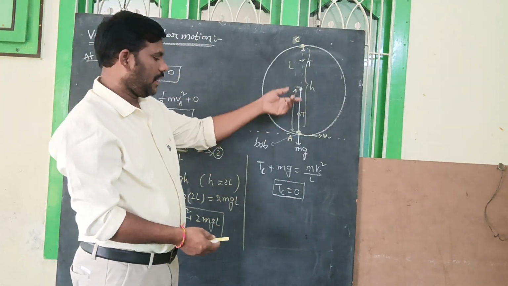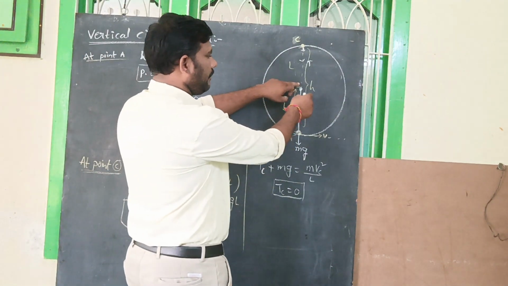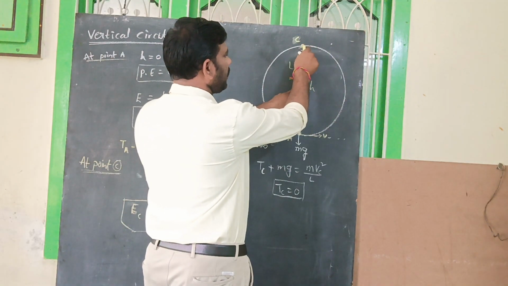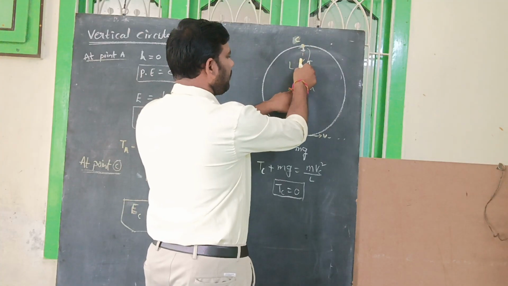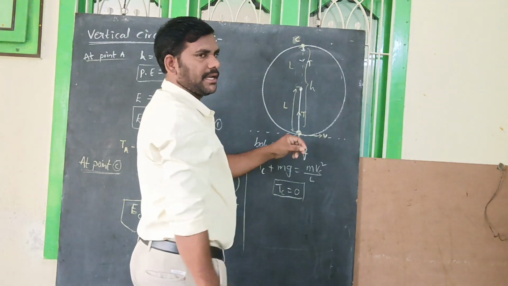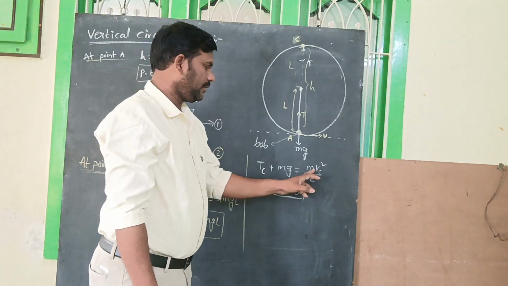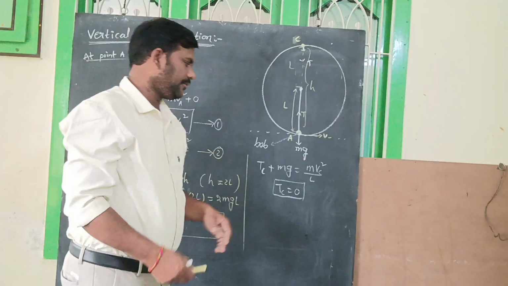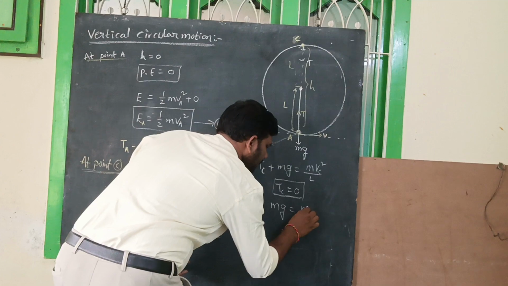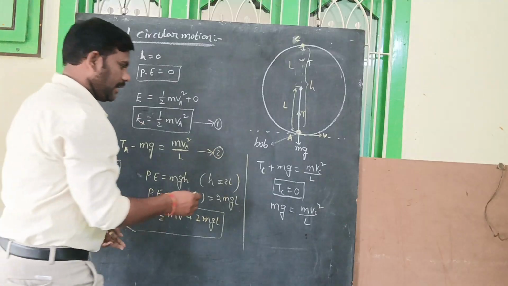Why? Because when the bob moving in vertical circular motion reaches the highest point, it tends to move towards the center, in the downward direction, so the tensional force is zero. Then mg is equal to m v_C square by L.